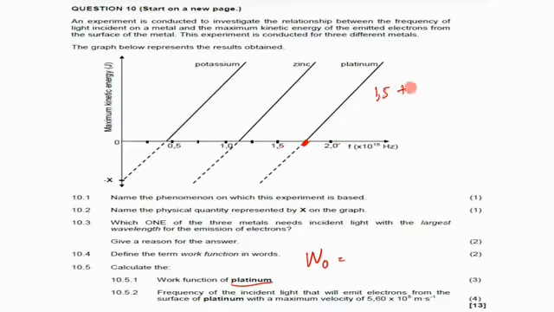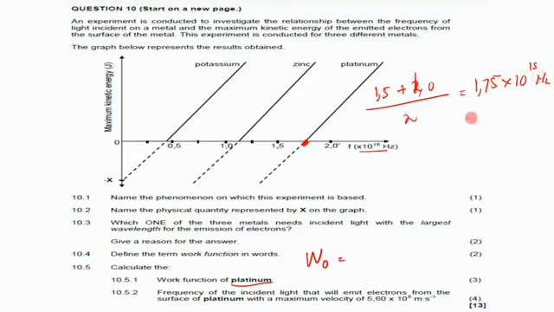So if you say 1.5 plus 2.0 over 2, that will give you the threshold frequency. So that will be 1.75. But be careful here, it's not just 1.75, you need to also include this, so times 10 to the exponent of 15.